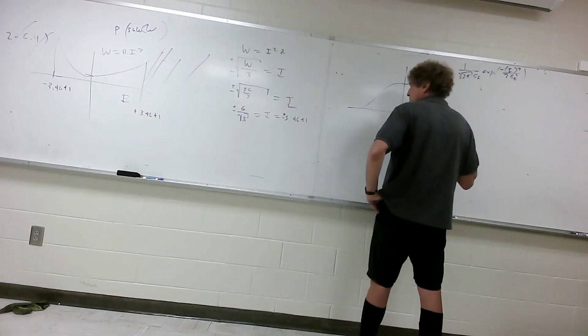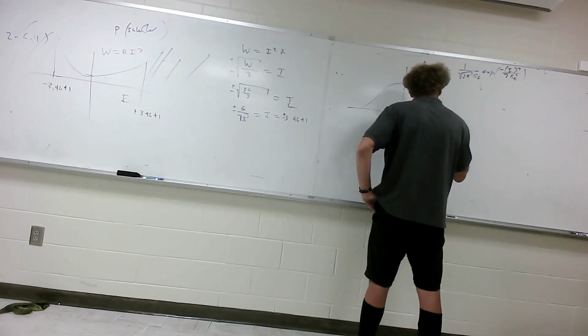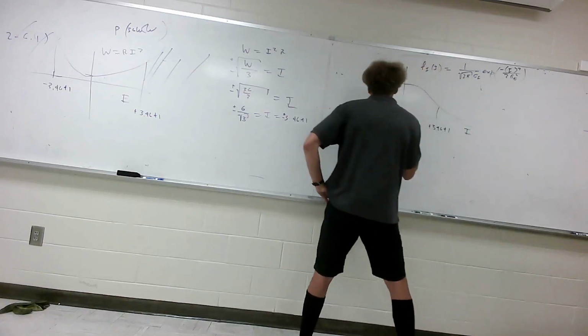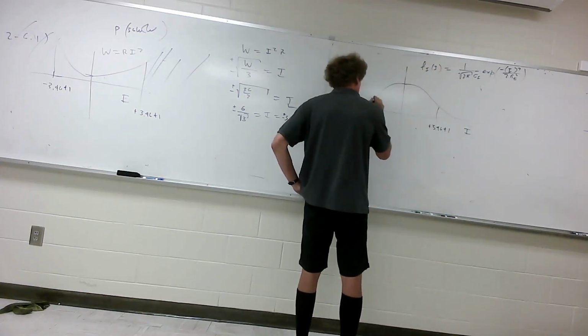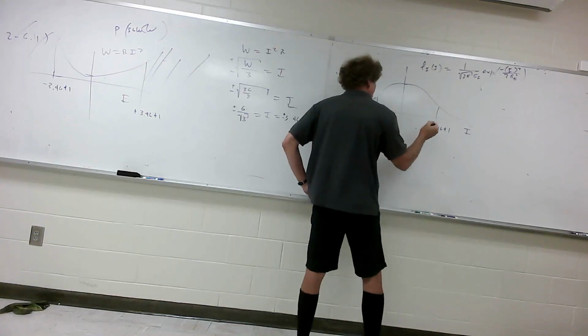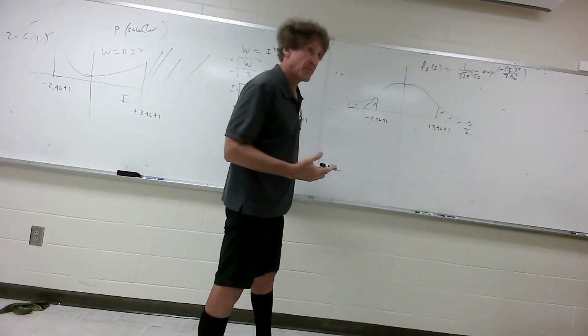Here's the current value, and this is plus 3.4641. Down here is minus 3.4641. And what I want to do is find the area here. This is what I should have done. Y'all follow me?